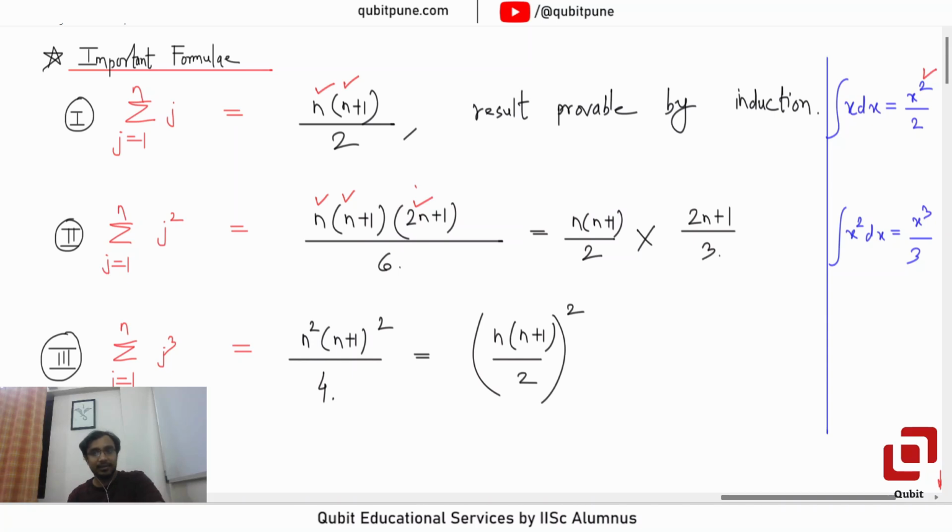Same thing here. Integral x cubed is x raised to 4 upon 4, and that is again reflected in the product of n squared and this n squared. That's n raised to 4.